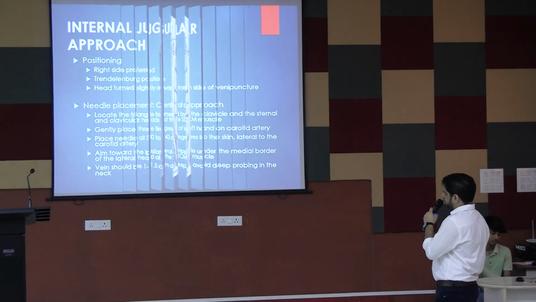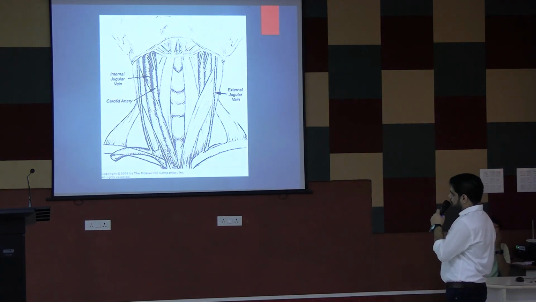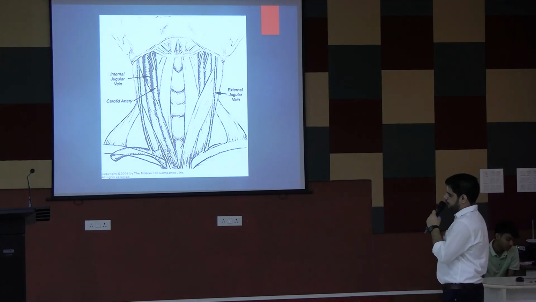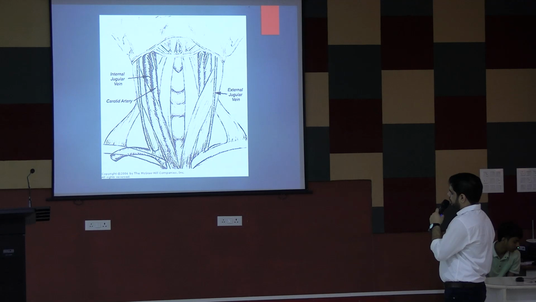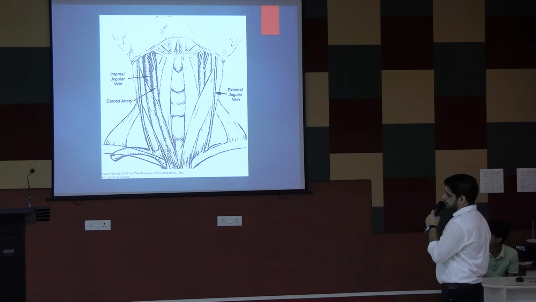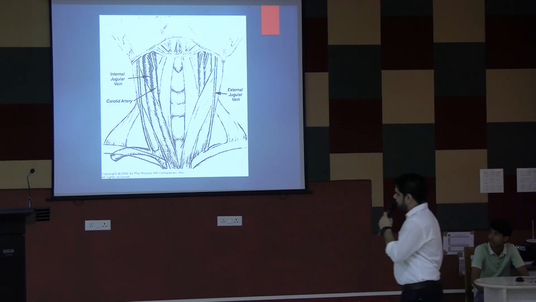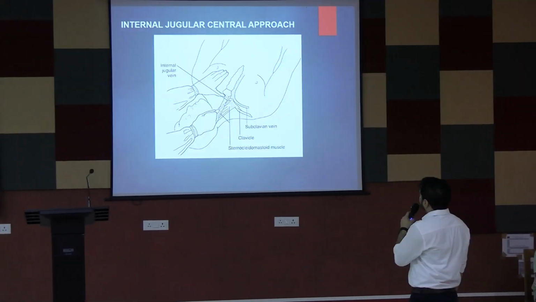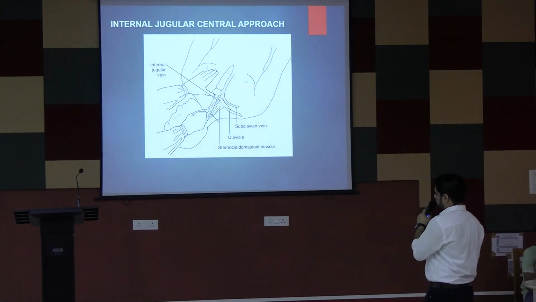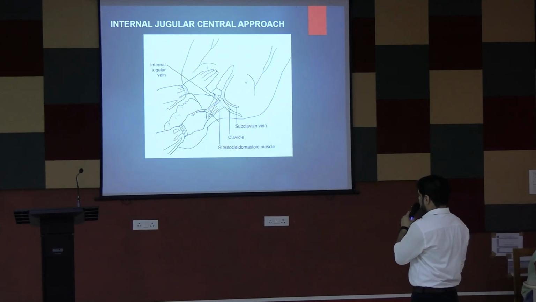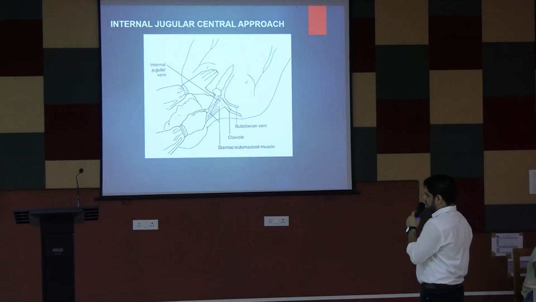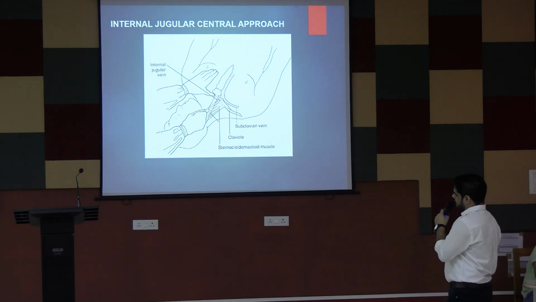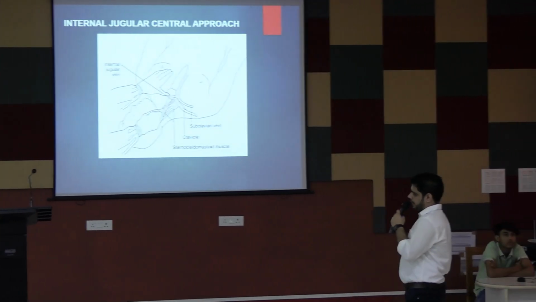Internal jugular vein approach. In the internal jugular vein approach, the vein is normally placed lateral to the carotid artery. This is the approach. First, there is a triangle you should identify.